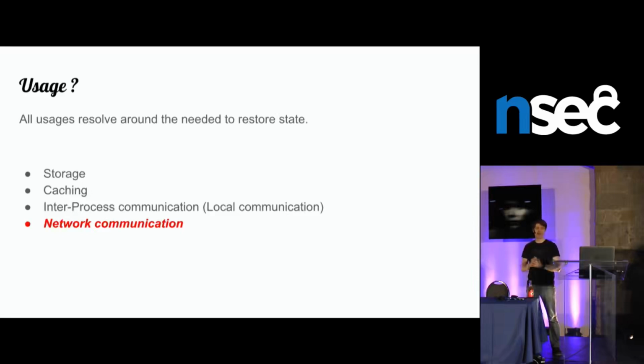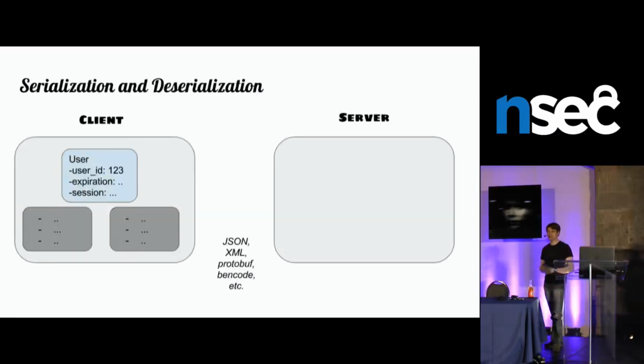Also communication between processes, if we need to restore something in another process. And the most interesting case will be network communication, because with client-server communication there is much more potential for a pen tester to get remote code execution than when it's all local communication. That will be the main focus of our different attacks.